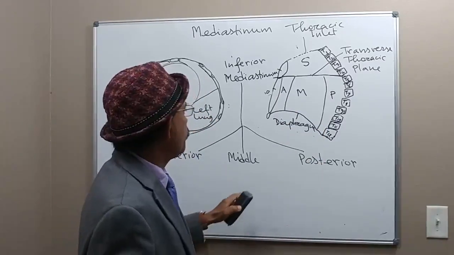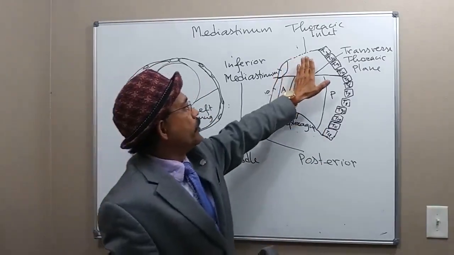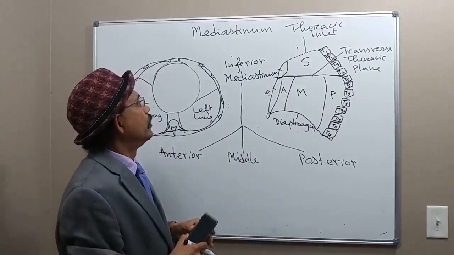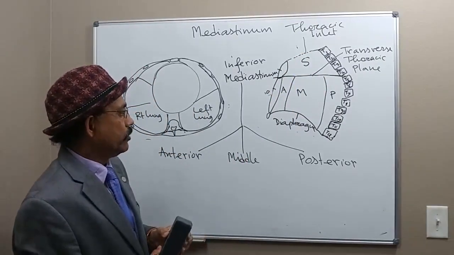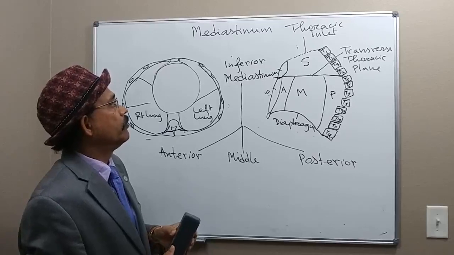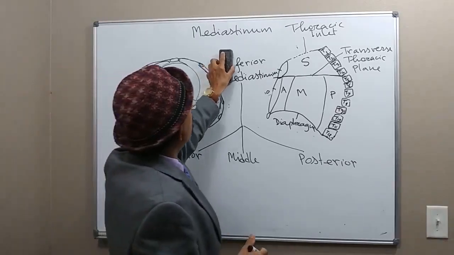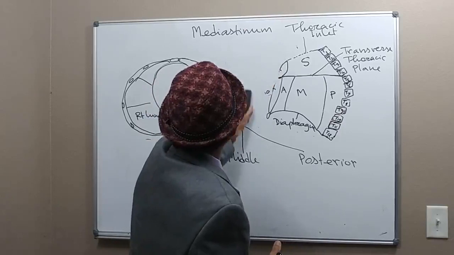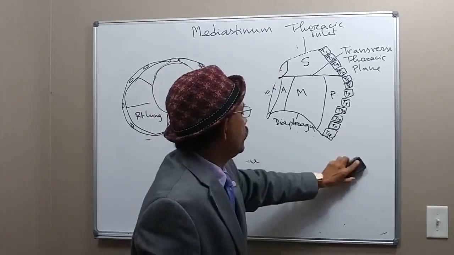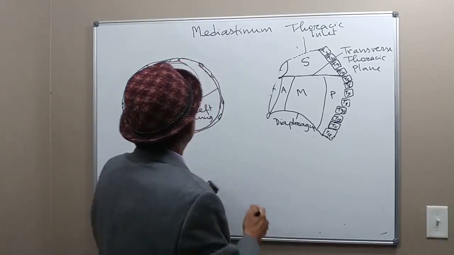We'll go there gradually. So, superior mediastinum, inferior mediastinum. We got the division of the inferior mediastinum. Now we learn the anterior mediastinum and its boundary.